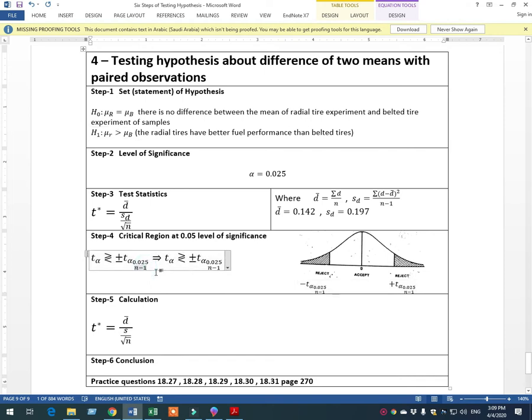So that's why the left side would not be under consideration, because I'm taking this alpha directly 0.025 completely, because the alpha is 0.025, it is not 0.05. Otherwise I would be taking 0.05 on the right side, because it is given as alpha is 0.025, so I'm taking 0.025 to my right side.